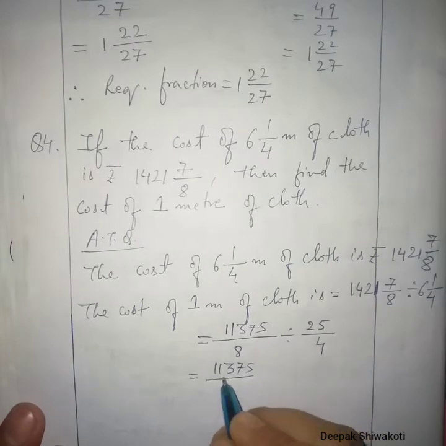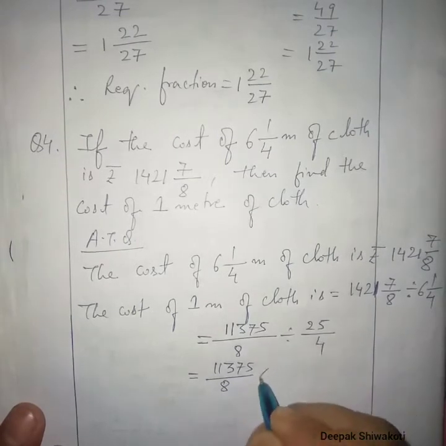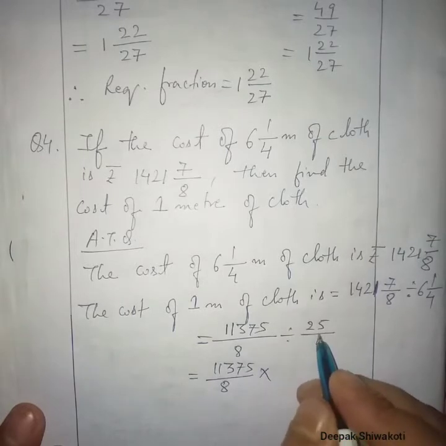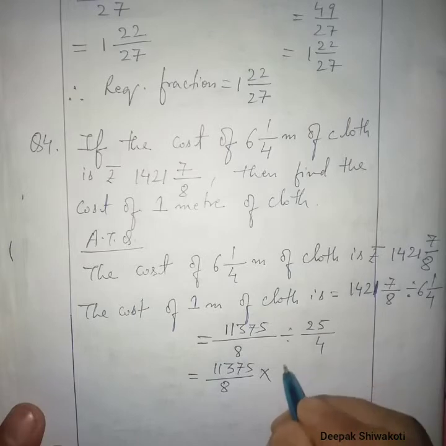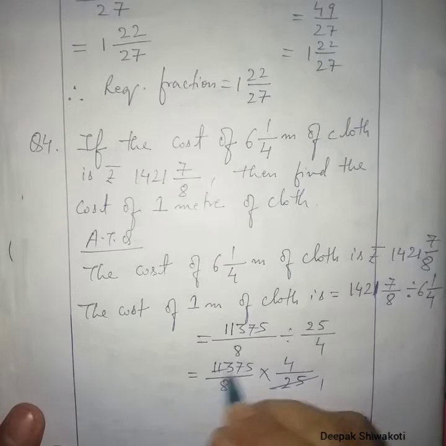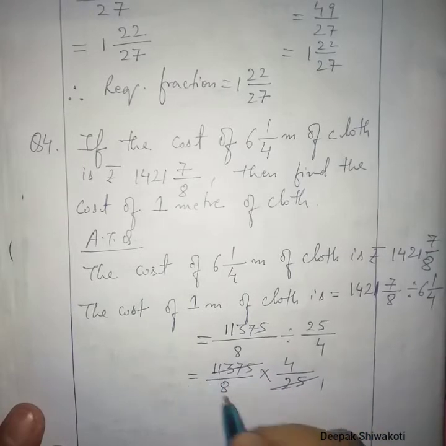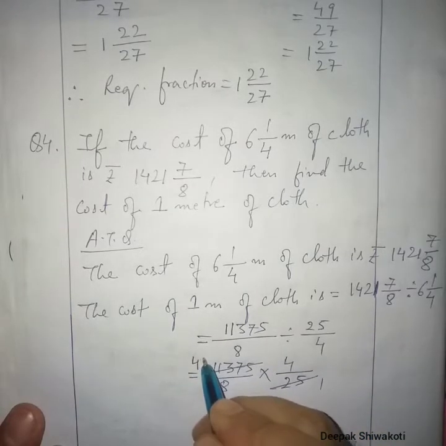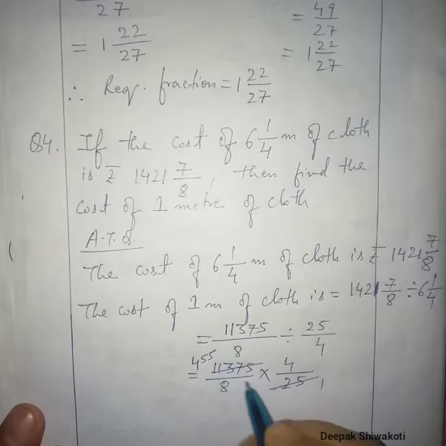by 8, this will change into a multiplication sign and this fraction will be reciprocal. That means this 4 will go to the numerator and 25 in the denominator. So when we cancel it, 25 into 455, we'll get this much.